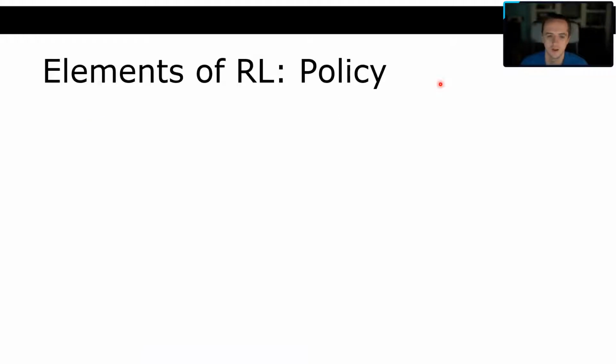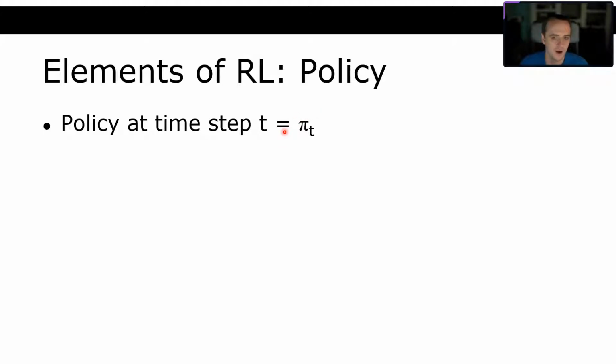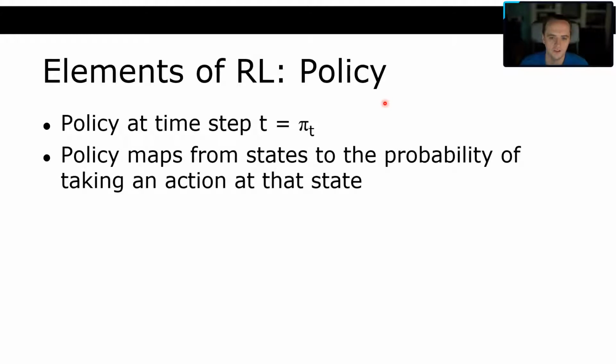Okay, so the actual syntax of a policy that we're going to be using. The policy is going to be represented by pi, so pi for the policy. And the policy at any time step t is going to be represented by pi sub t, okay? The policy maps from states of the environment to the probability of taking an action at that state.